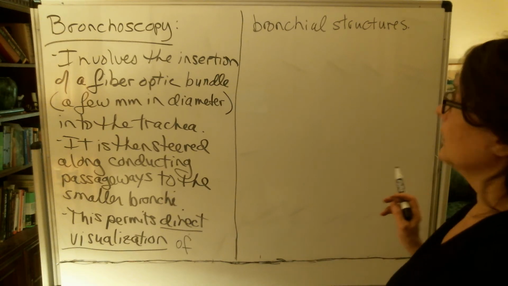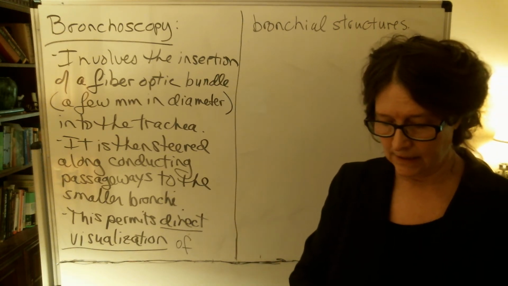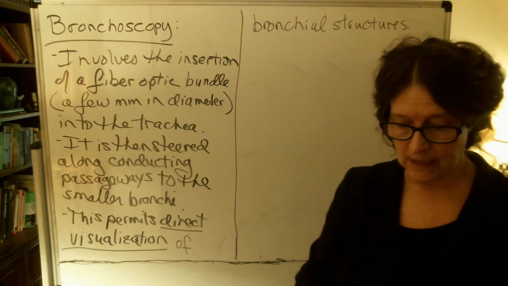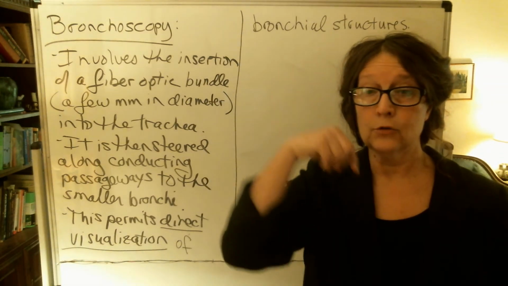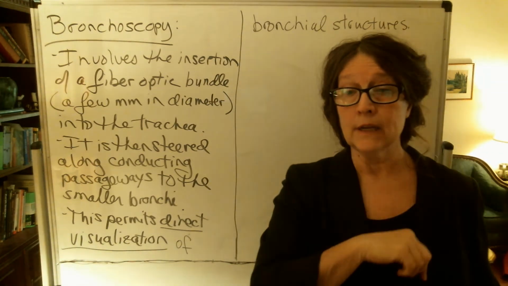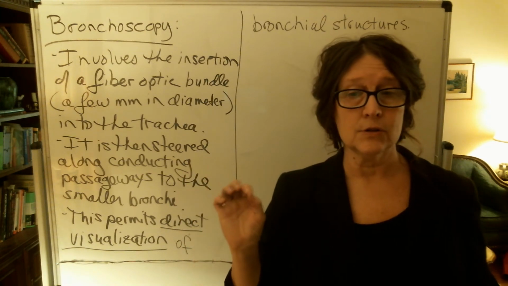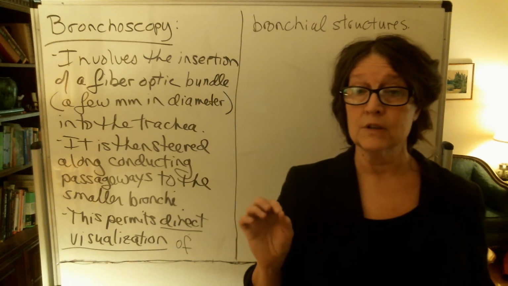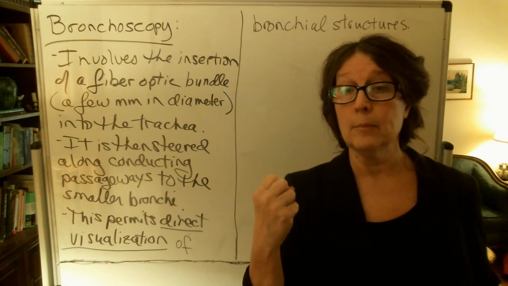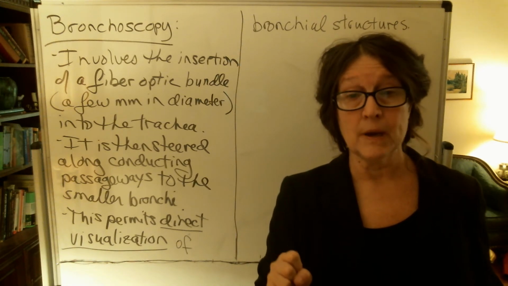So what this is basically saying is that you can insert this tiny camera into the trachea and steer it along. And remember what I said before. Let's suppose that on your CAT scan you saw something that looks suspicious. Maybe there's a little mass there. Maybe you suspect cancer.